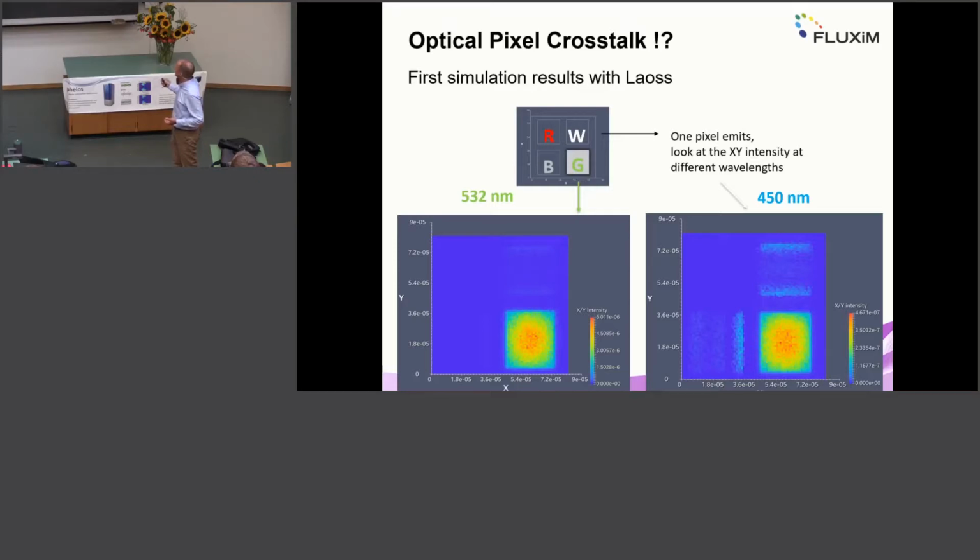So this is an unintentional light leakage in the neighboring pixels coming from this green pixel.